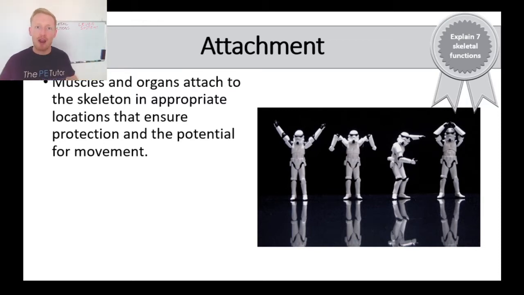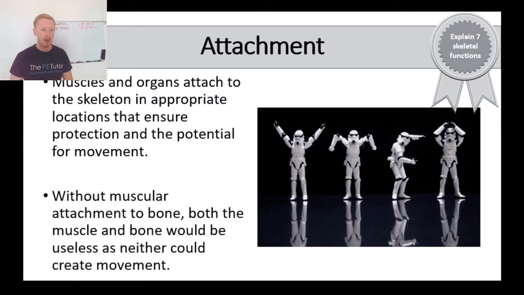It's this frame which everything can be attached and hung and positioned on top of and around. So without the skeleton, without the skeletal system, everything else would just fall to the floor in a bundle of flesh, blood, muscle, and, well, God knows what else. So, movement, achievable through attachment.